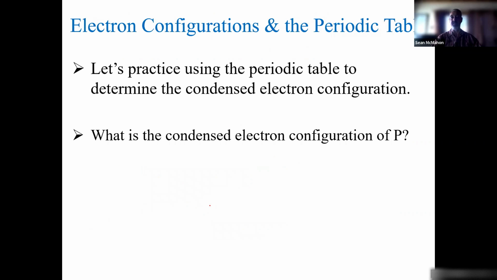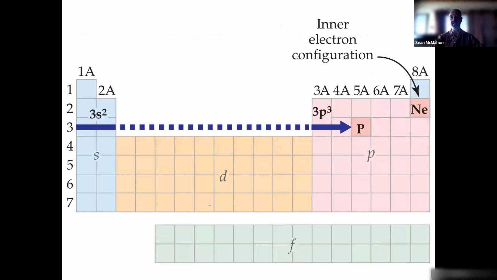So let's practice using the periodic table, right? Just get comfortable with maybe some easier electron configurations, and let's do it for phosphorus, right? So if I look at phosphorus on the periodic table, right?